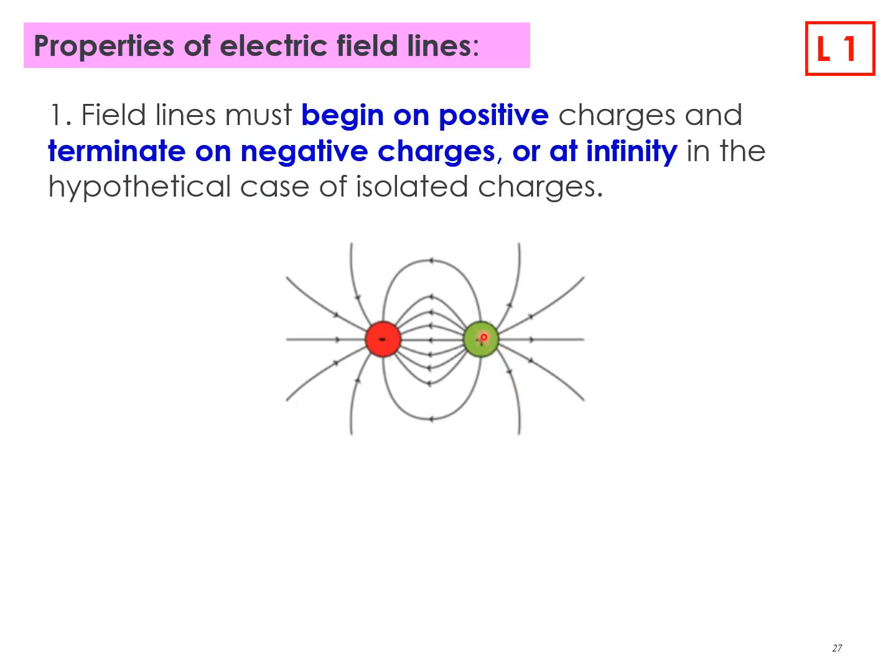For a positive charge, the electric field line is outward from the charge, and for the negative charge, the electric field is inward. So they start from positive and end with negative.